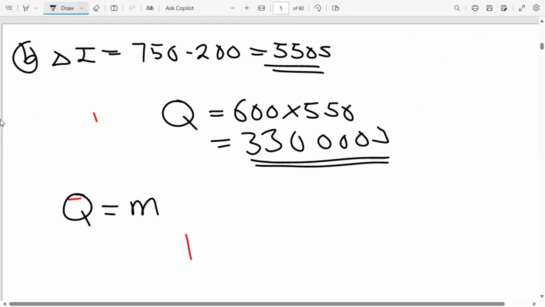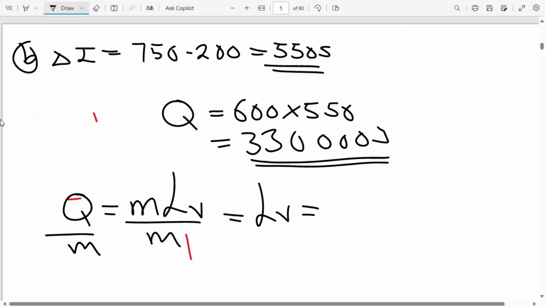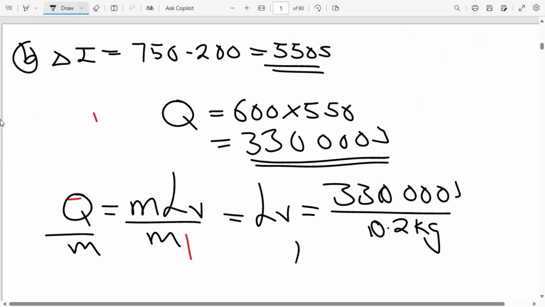So since this is the thermal energy that is absorbed, now we bring the formula for thermal energy absorbed when converting the state of water from liquid to gas. So Q is equal to mass multiplied by the latent heat of vaporization. I'll divide both sides by mass, which means my latent heat of vaporization will be equal to Q, which is 330,000 joules, divided by the mass, which is 0.2 kilograms. I'm getting this answer: 650,000 joules per kilogram.